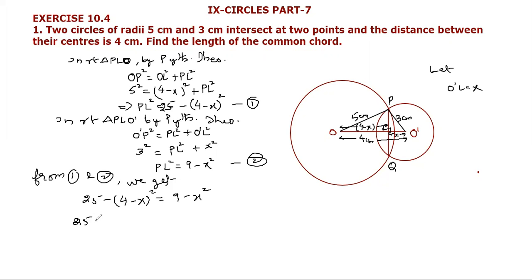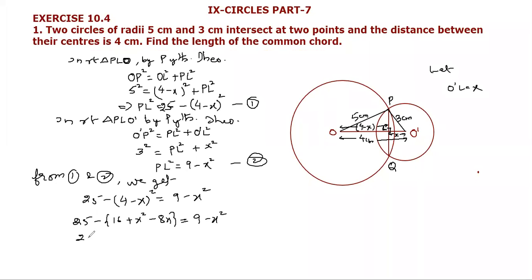Solve it. 25 minus, 4 square is 16, a minus b whole square is a square plus b square minus 2ab, so 2 into 4 is 8, x, is equal to 9 minus x square.